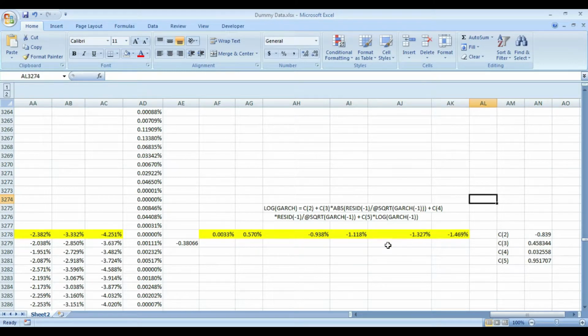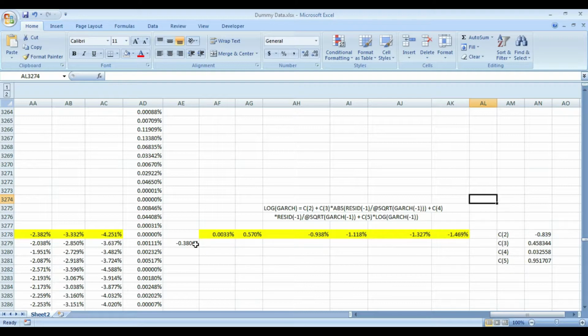Now guys, this square root of GARCH at t minus 1th data point simply means standard deviation of the t minus 1th data point, since GARCH at t minus 1th data point means variance of the t minus 1 data point, so the square root of that would simply be the standard deviation of the t minus 1 data point.